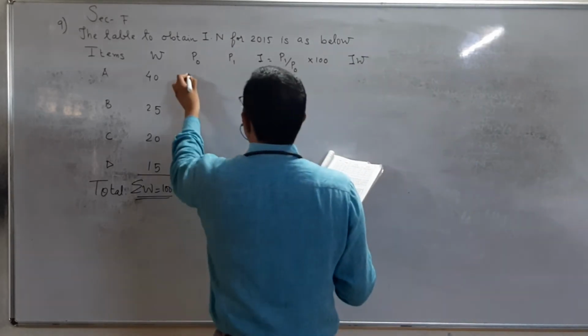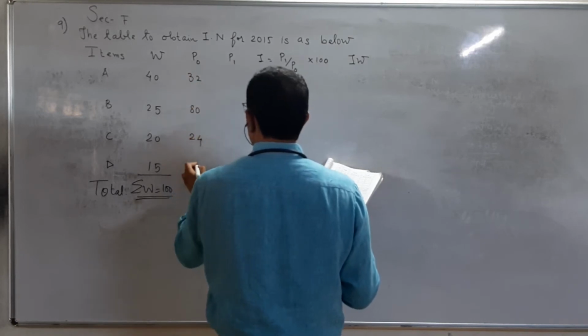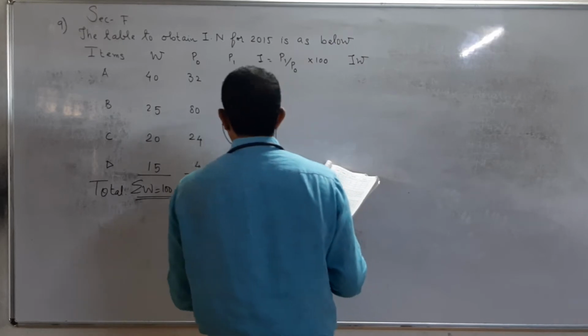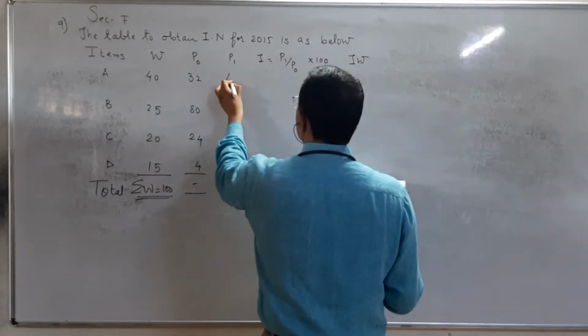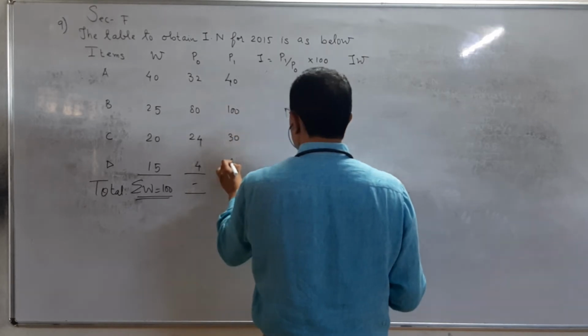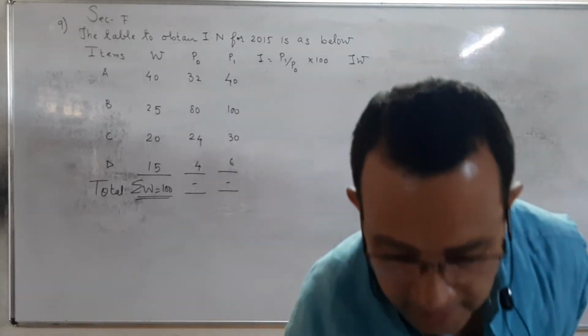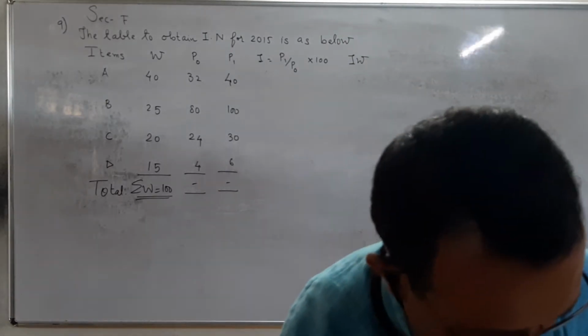So base year's price is 32, 80, 24 and 4. Current year's price is 40, 100, 30 and 6. First of all, we have to operate all index numbers, students.